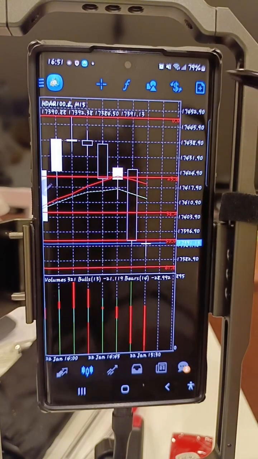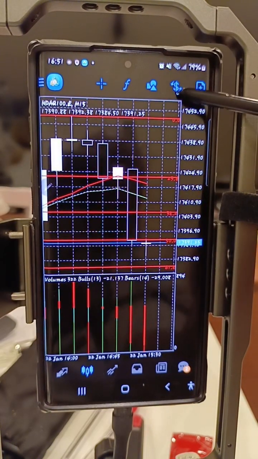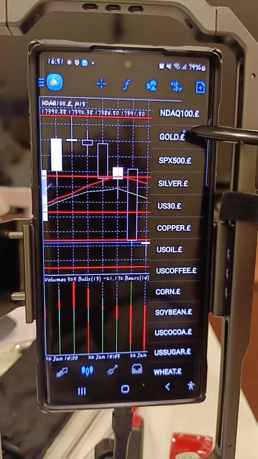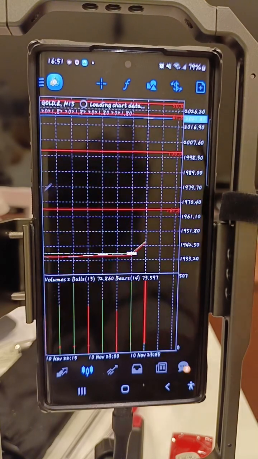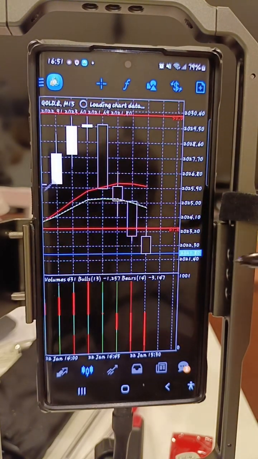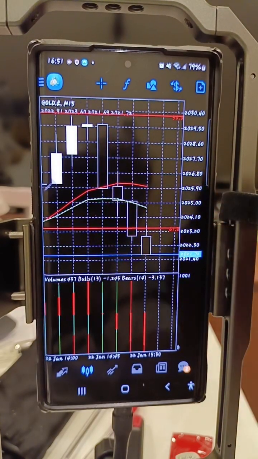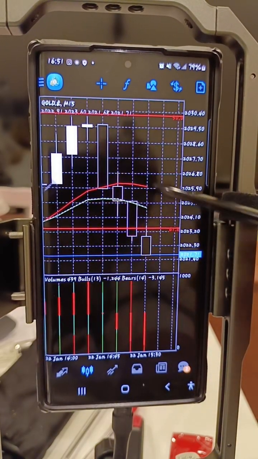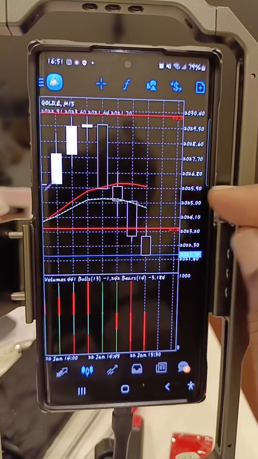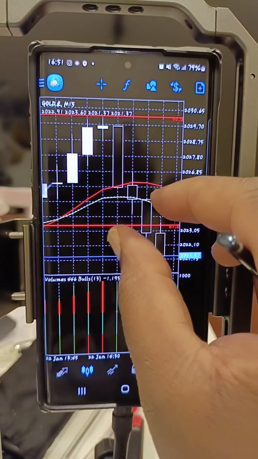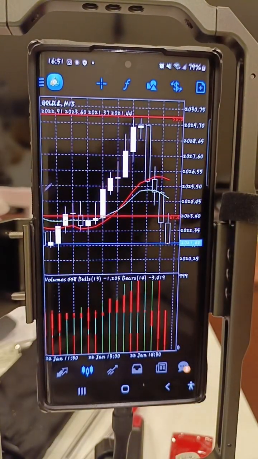I'm going to actually look at a few more instruments here. So gold, if I look at gold, again, gold here for 15 minutes nicely reacting. So here again, what would you do here with gold?